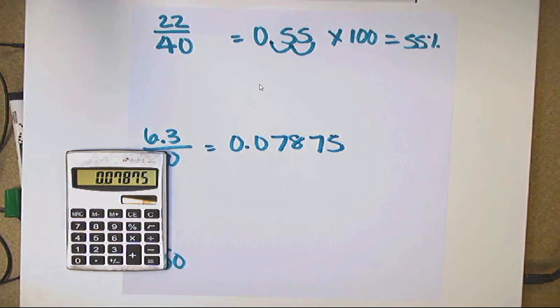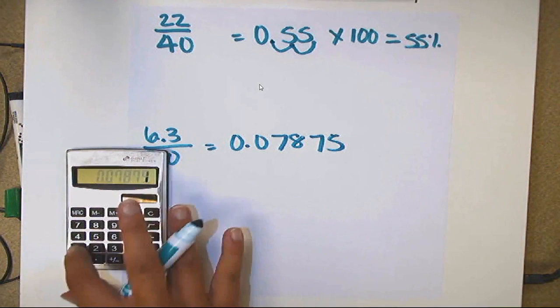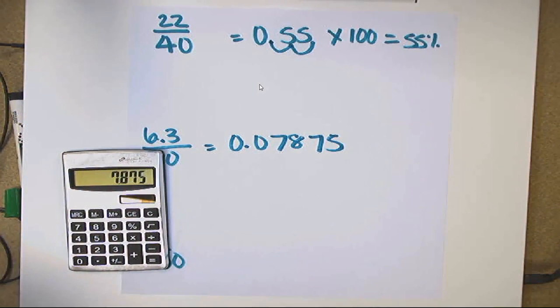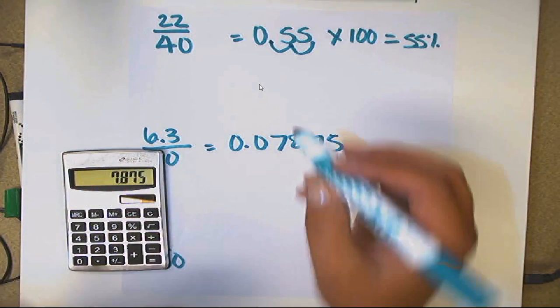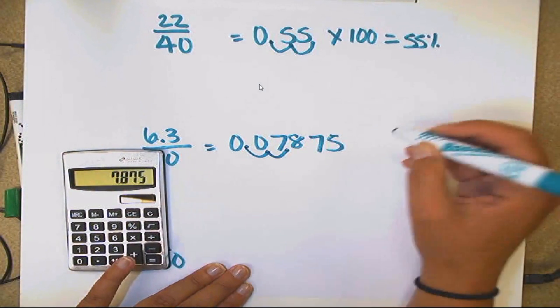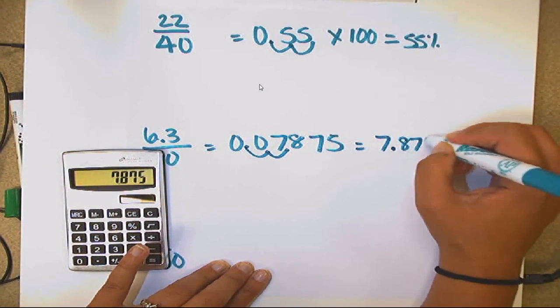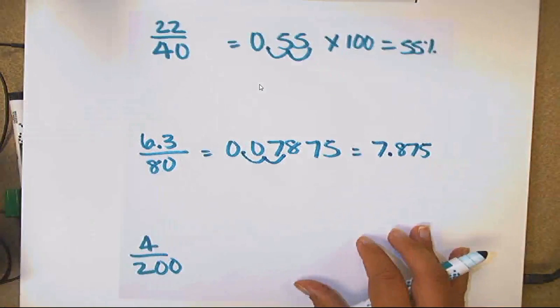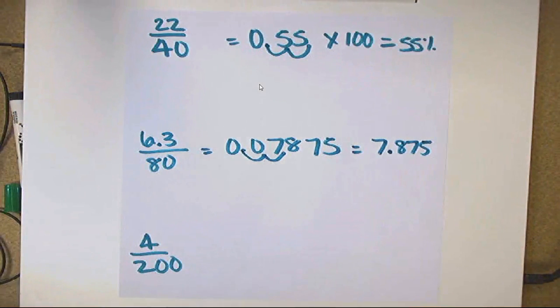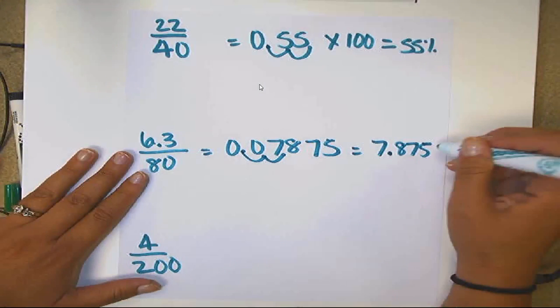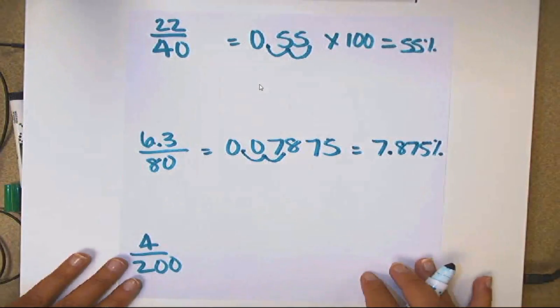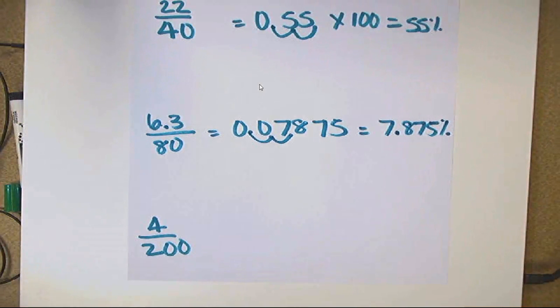So you can take that and you can multiply it by 100 and get 7.875. Or again, just move your decimal point 2 places, and that's going to give you 7.875. So 6.3 is 7.875% of 80. Or label it correctly.